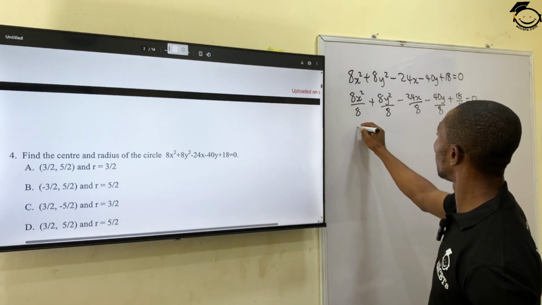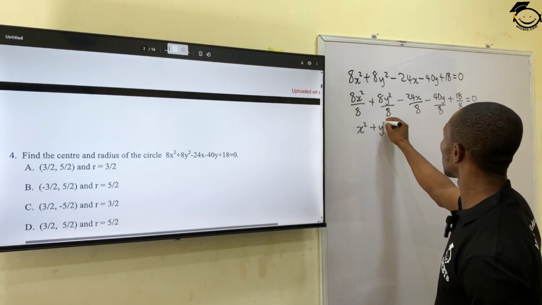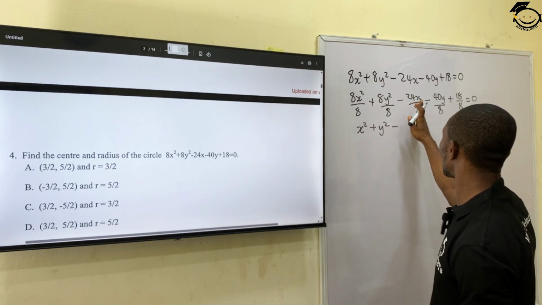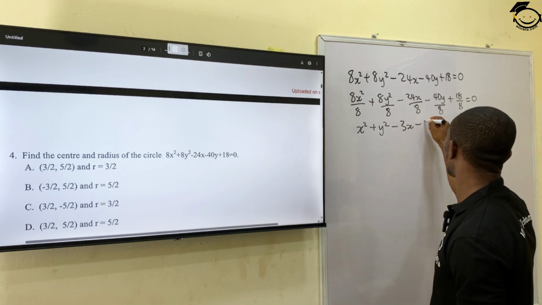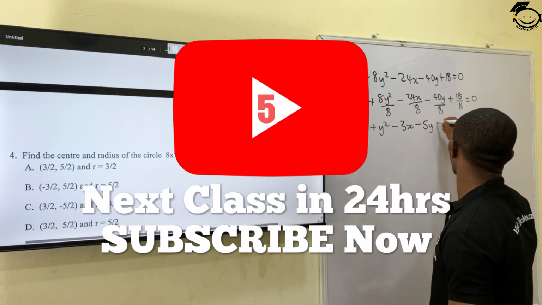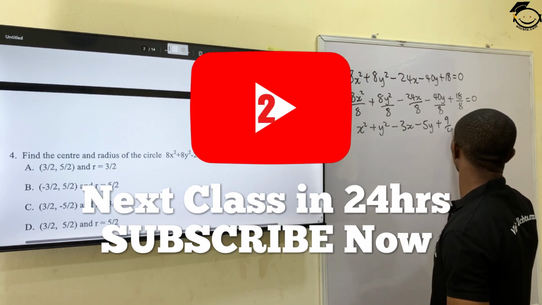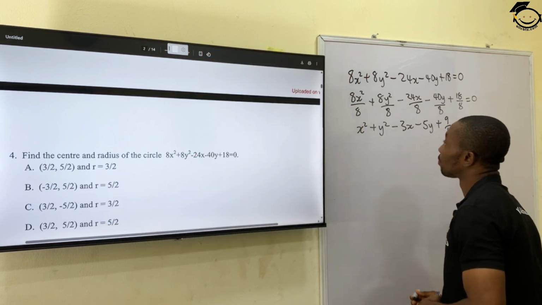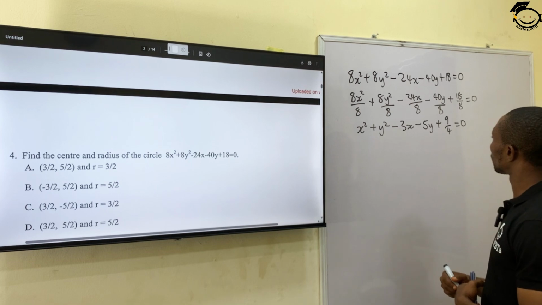So this will give us x squared plus y squared minus. Okay, at this point, let's move our constant over to this other side.